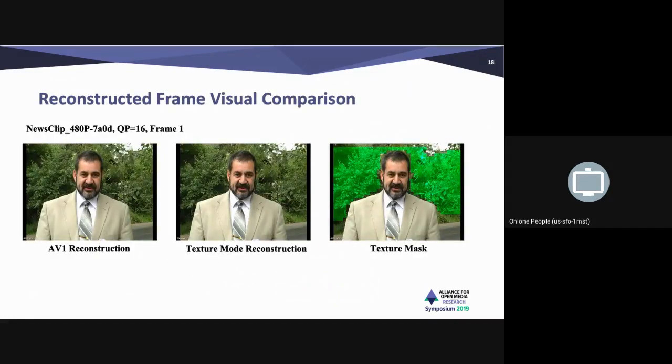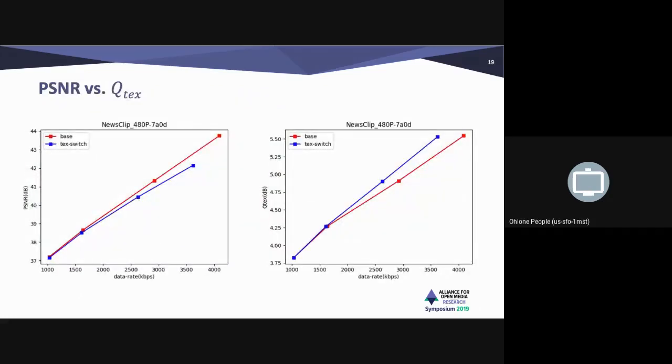Okay, just to refresh your memory, this is the video that I showed at the beginning, and I'm using one frame from this video. One is AV1 reconstructed, and one is reconstructed using our texture mode, where the texture mask lies here. We did this for a couple of sequences, and here's one example.